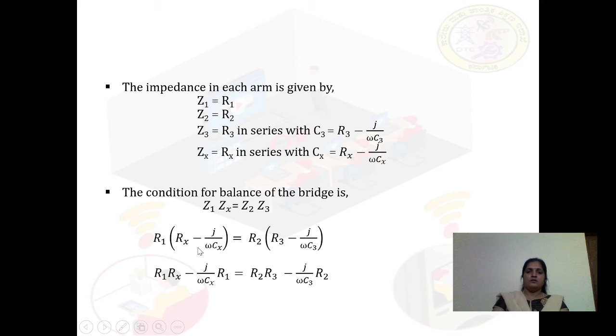So R1 into this part is equal to R2 into R3 minus j divided by omega C3.